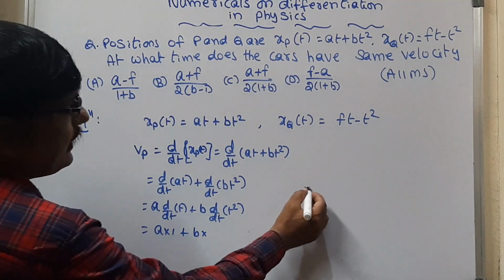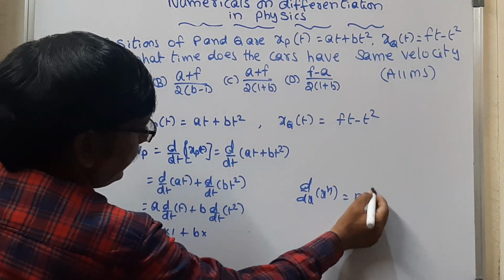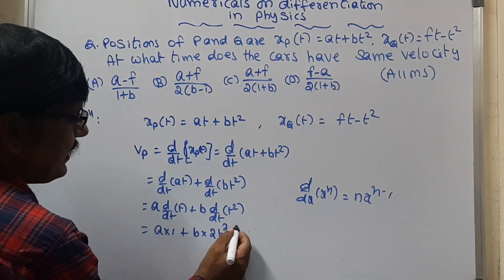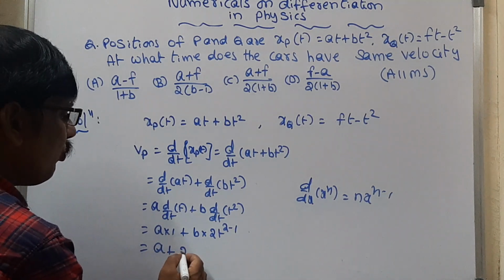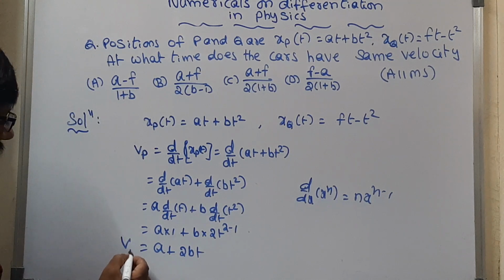What will that be? d by dx of x power n, as we discussed many times, is n into x power n minus 1. So 2 into t power 2 minus 1. Ultimately we get a plus 2bt. That is the velocity of the p car: a plus 2bt.